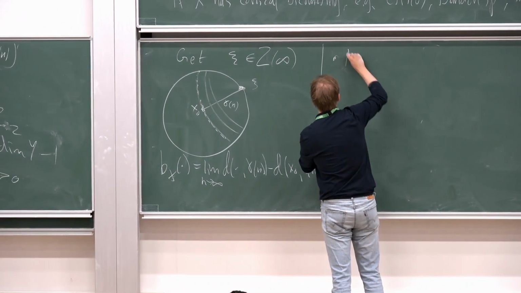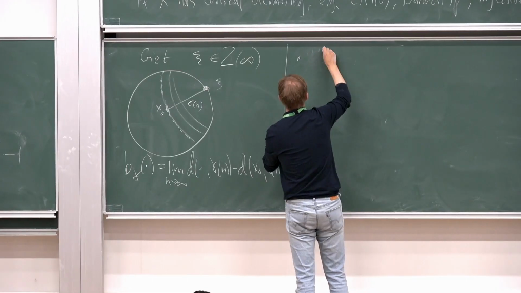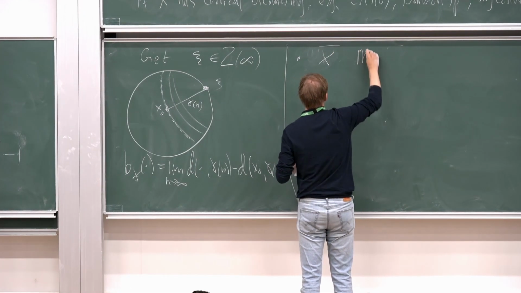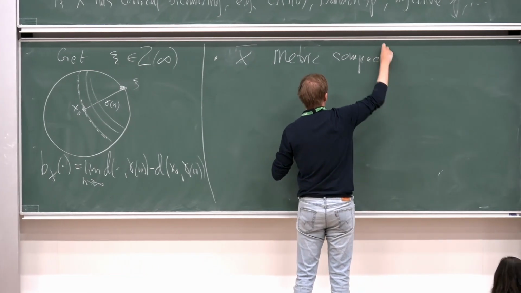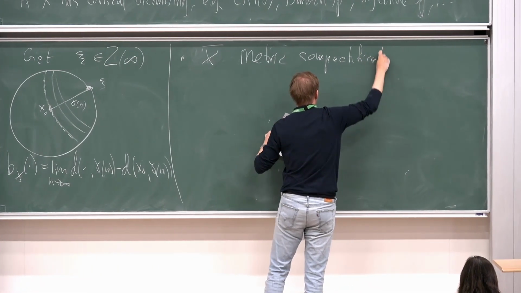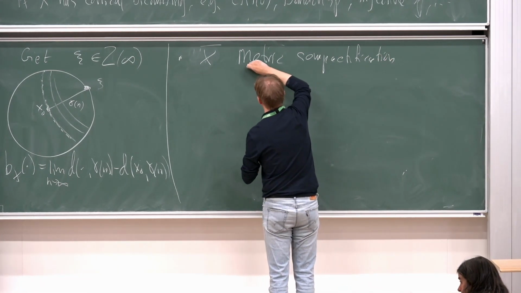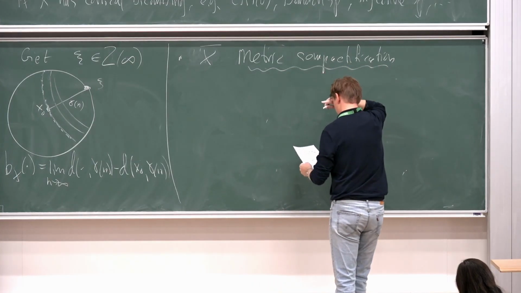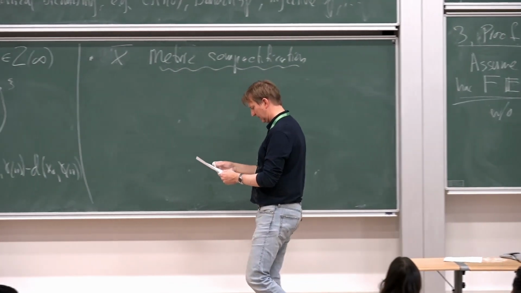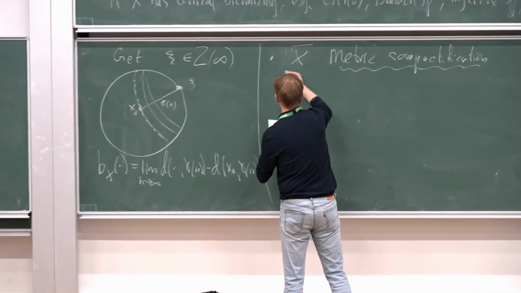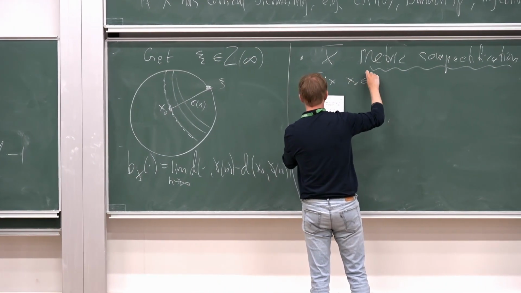Okay, so now I explain this. It's the metric compactification, often called the horospherical closure or boundary. So you fix x0.